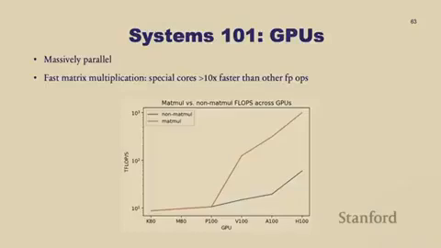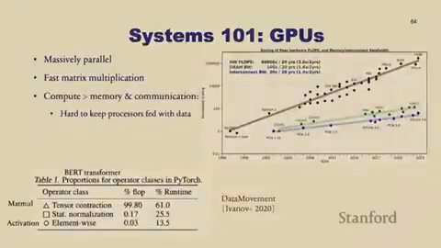GPUs are optimized for fast matrix multiplication. Every time you do something on a GPU, if you can do it with a matrix multiplication, it's going to be 10 times faster than with anything else. That is a little bit annoying because it means we are kind of bottlenecked to doing everything with matrix multiplications. Another thing to note is that compute has been improving faster than memory and communication.